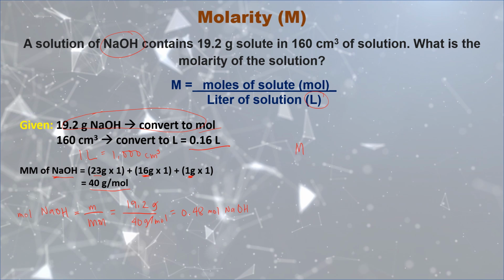Molarity is moles of solute divided by liters of solution. So the moles of solute is 0.48 moles divided by the volume we converted to liters, that is 0.16 L. So the answer here is 3 M, or you may also use the unit mole per liter.